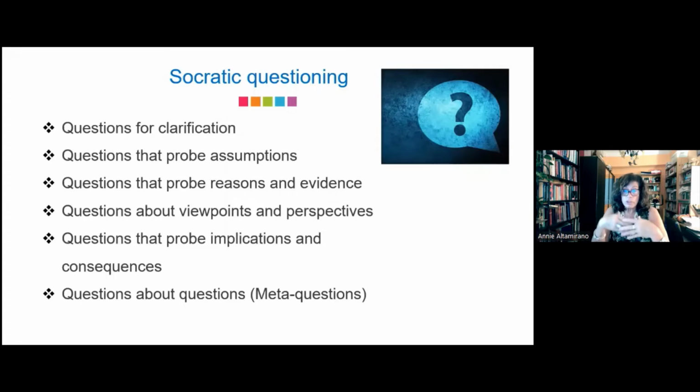Questioning viewpoints and perspectives. Questions that probe implications and consequences. For example, the argument the students give may have logical implications that can be forecast. Do these implications make sense? Are they desirable? And questions about questions.